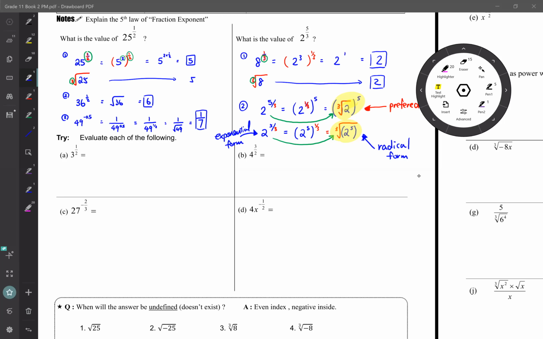Okay, so let's go over A, B, C, D. So far Elaine has finished these 4. Just write down what you think it looks like. It doesn't matter if you think it's not correct. Everybody try it. Just turn it into radical form. You can raise your hand when you're done.